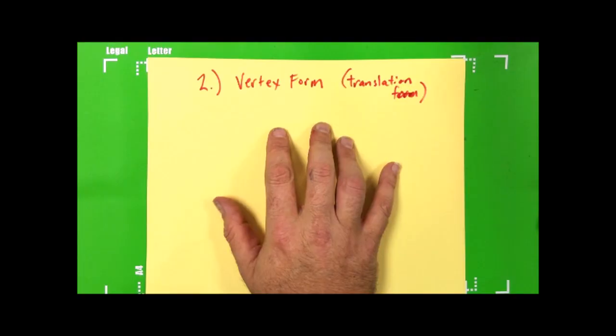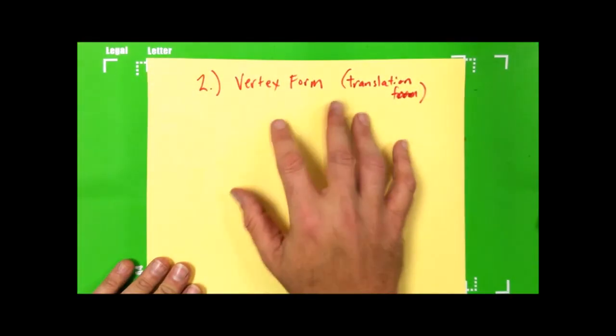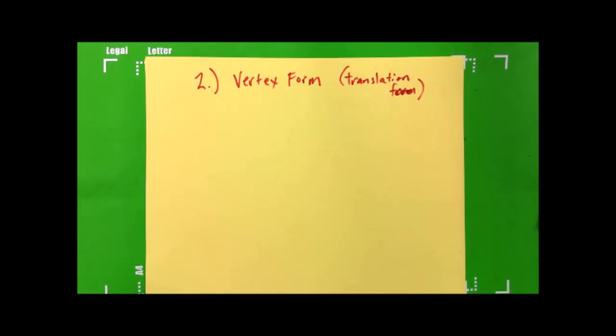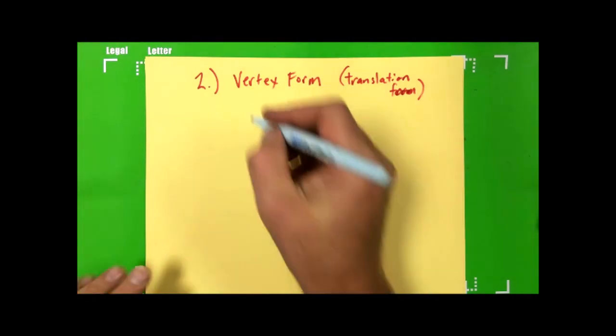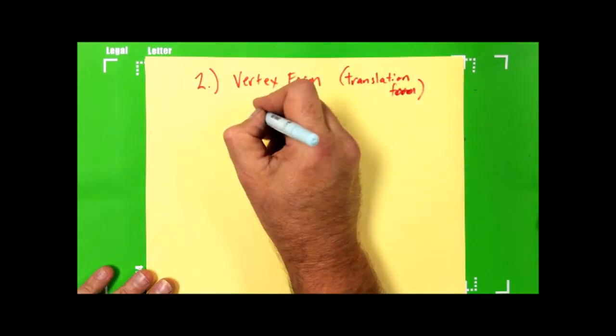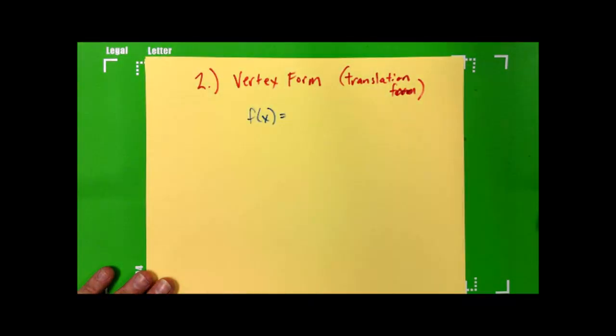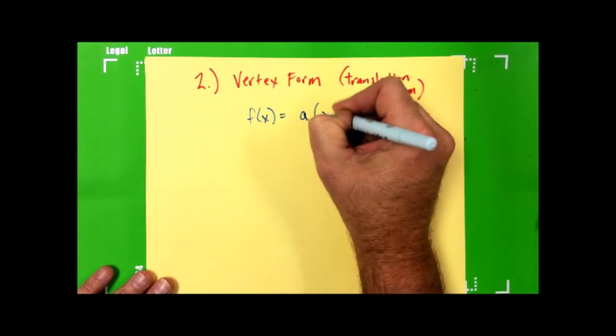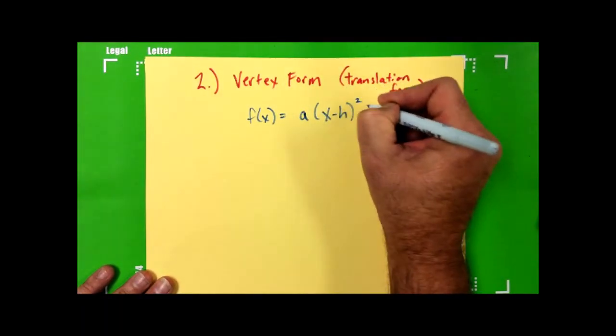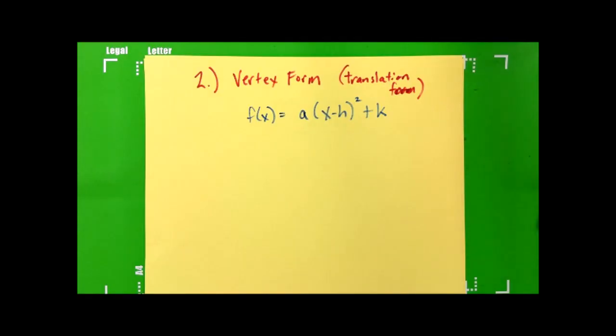And the reason why he does it is he's trying to prioritize this form. This is the most valuable player in our forms. And you'll recognize it right off the bat. If I put it in this form, then this is my vertex form. All right? This is my second form, the vertex form.